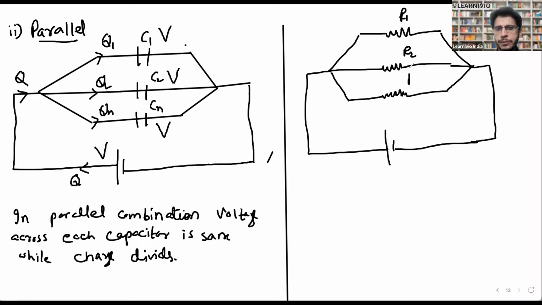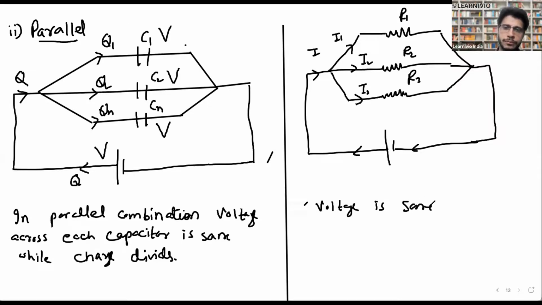It will divide. There is branching, so current will divide. So you have current I, you will have I1 here, I2 here, In here. So in parallel combination, voltage is the same, but current divides.